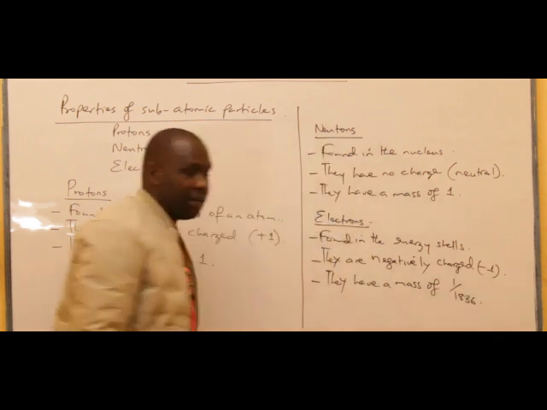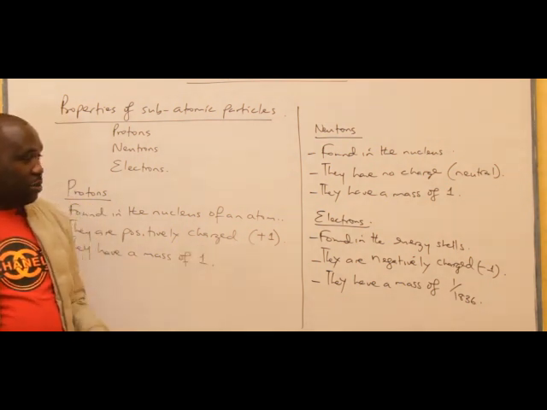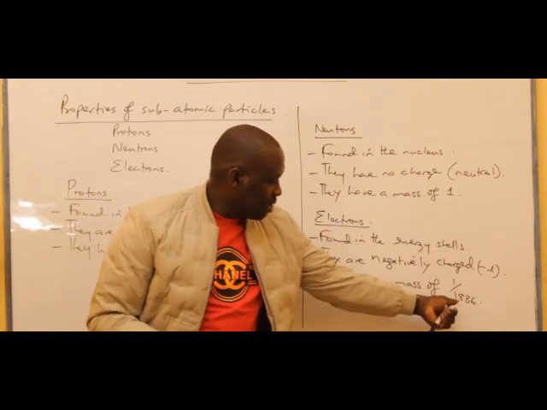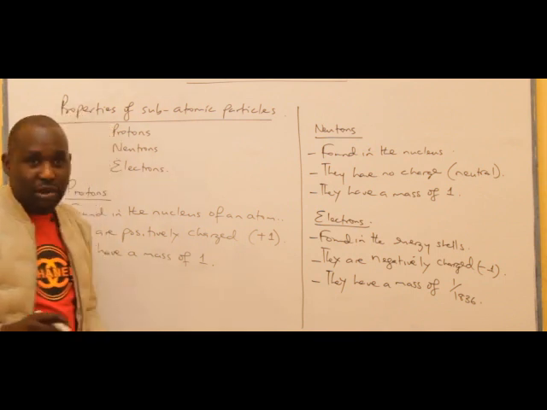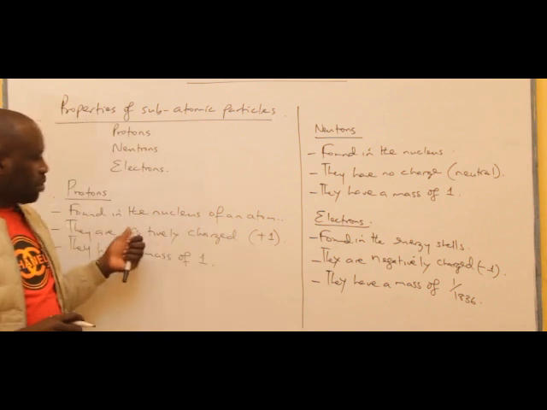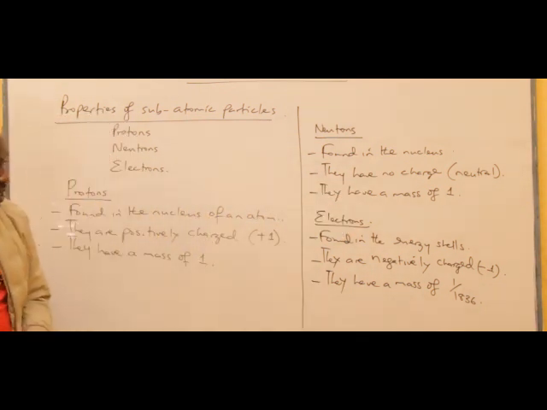You can round off to 1/1840, which means electrons are the smallest subatomic particles in an atom. Protons and neutrons have a mass of 1, while electrons have almost 0.00 something. Electrons are negatively charged, protons are positively charged, and neutrons do not have a charge.